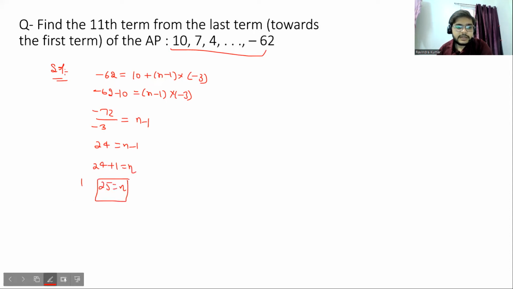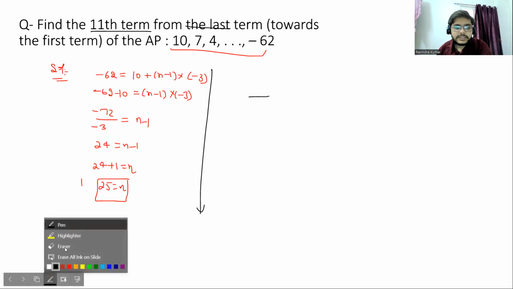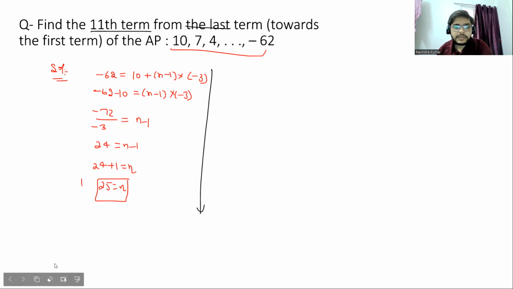So if n is 25, we have to find out the 11th term from the last. Okay, so out of 25, if you find the 11th term from the last, what will be the term from the starting? Okay, so I'm telling you an easy way to calculate it.